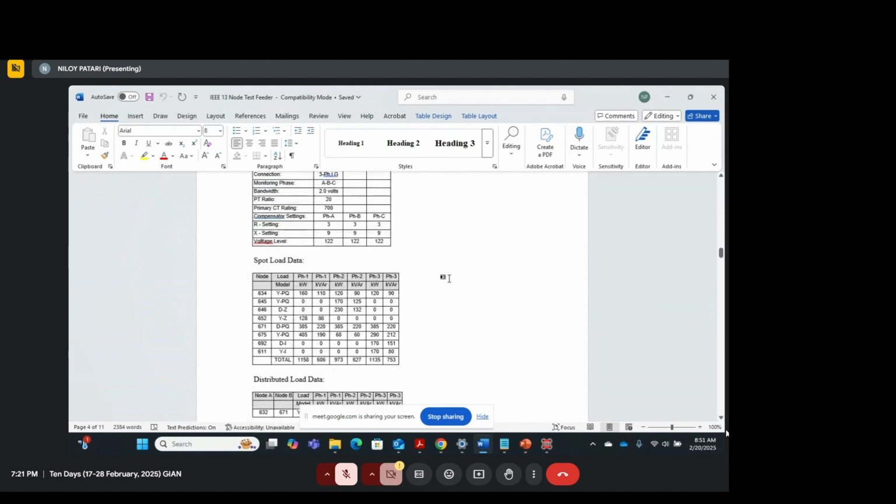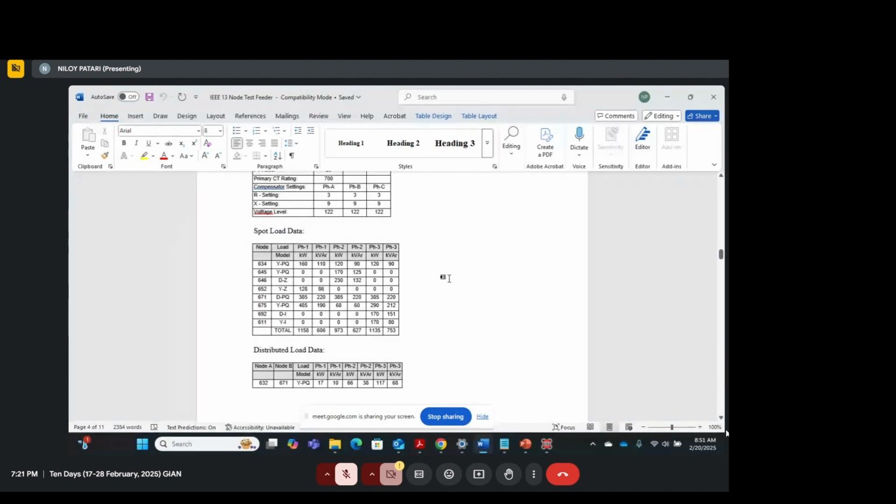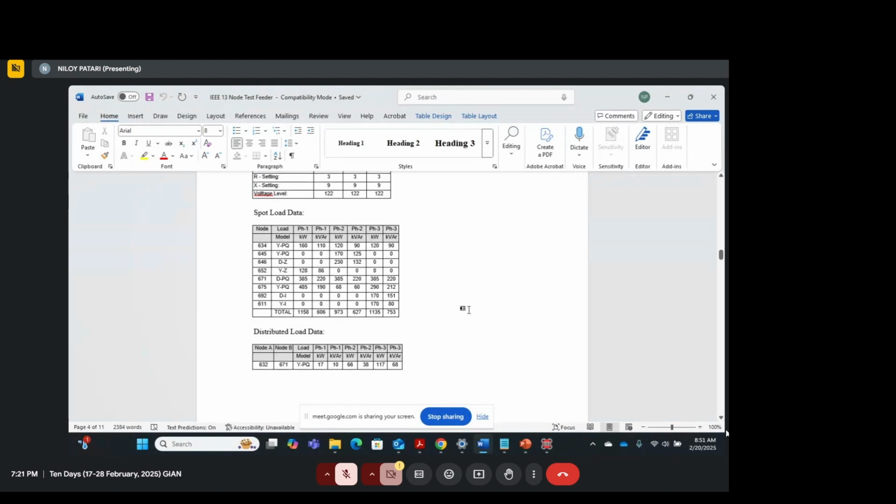And then you have spot loads, right? Spot loads meaning loads which are connected to each of the nodes. Now 634 has PQ loads, in star formation, and then you have exactly the active and reactive power loads for each of the phases. So everything is defined in this particular document.